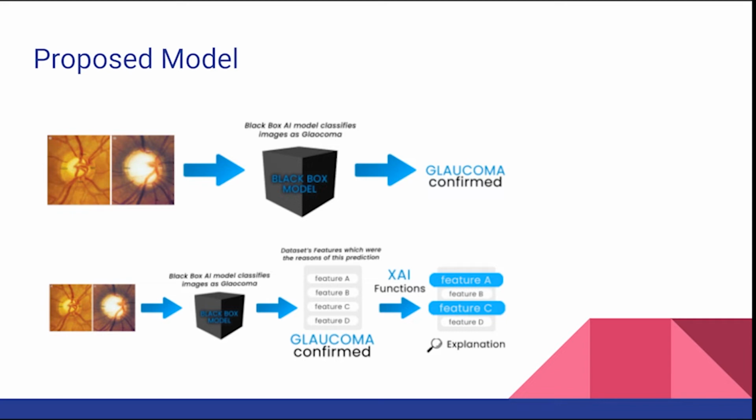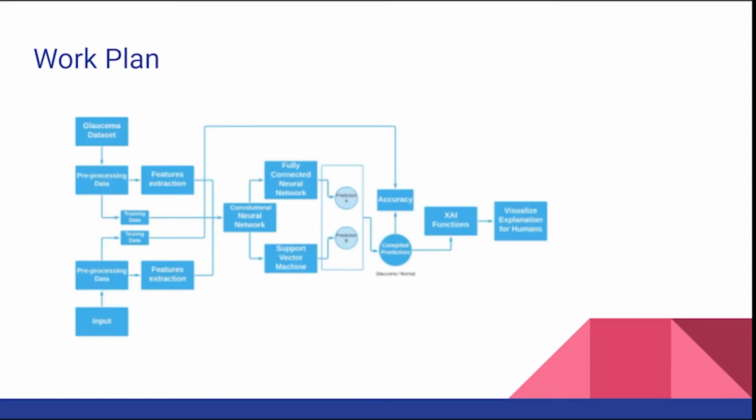These two are binary classifiers and they send their outputs to a softmax function which combines the decisions and provides the final verdict. Now I am going to explain our work plan.